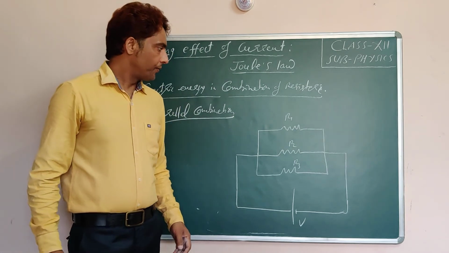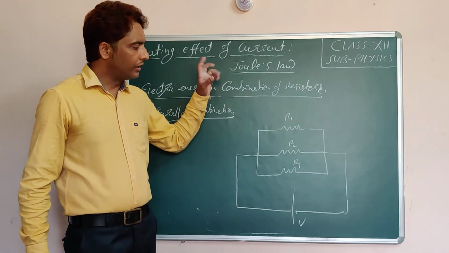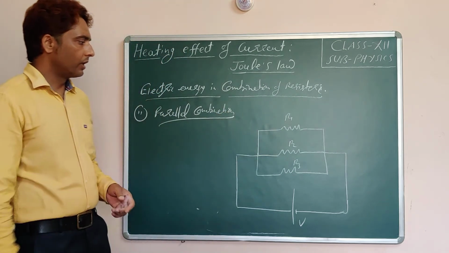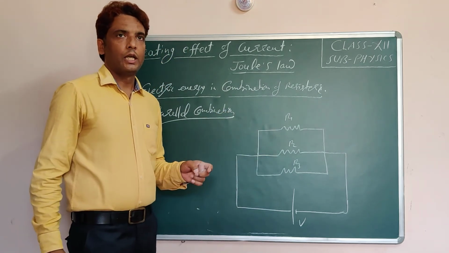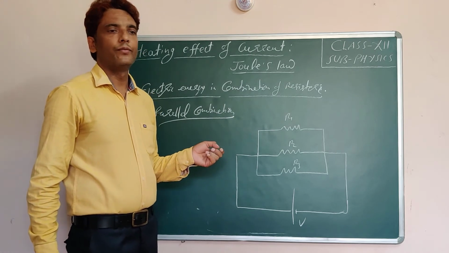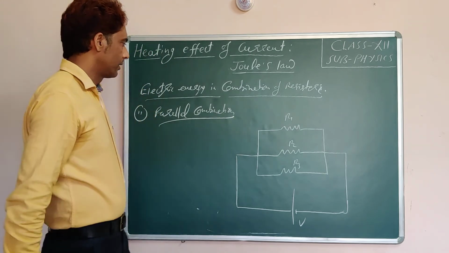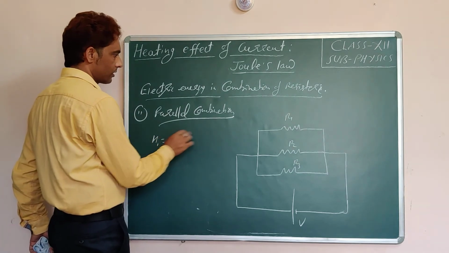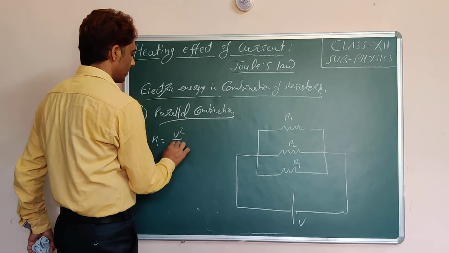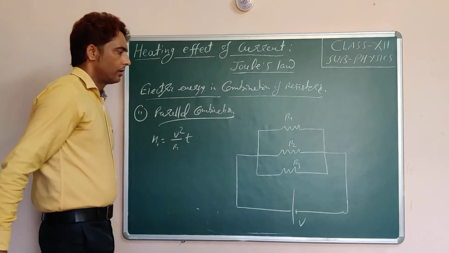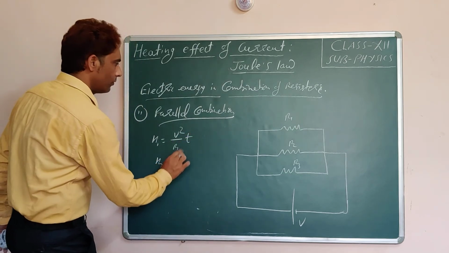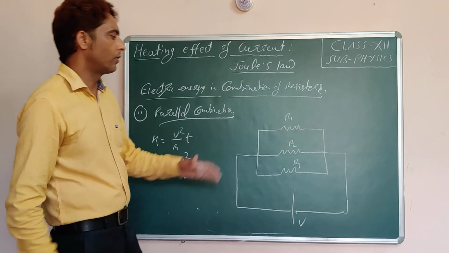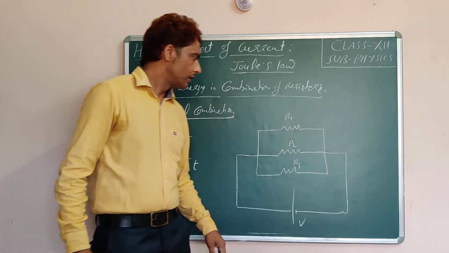Now, if we have to calculate the amount of heat energy produced in R1, R2 and R3, then we can use the formula having terms V and R and T. So here, heat energy produced in the resistor of resistance R1 is H1 equals V square by R1 into T. H2 is equal to V square by R2 into T, where T is the time for which we have applied the potential difference.